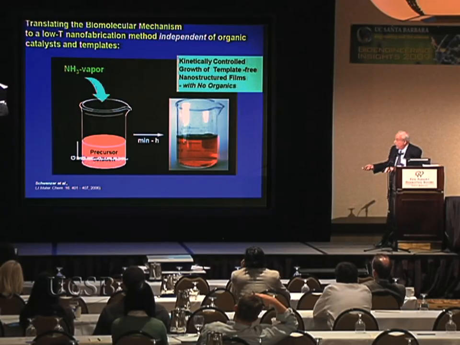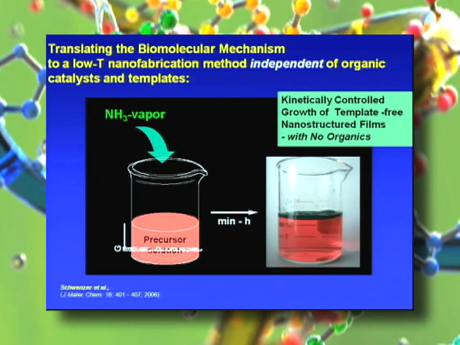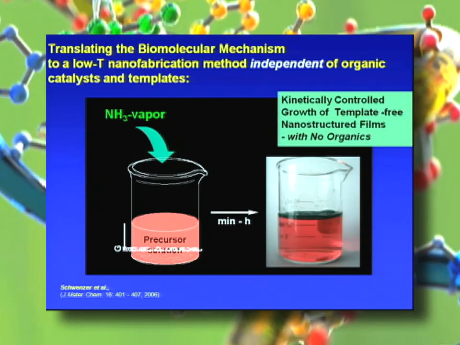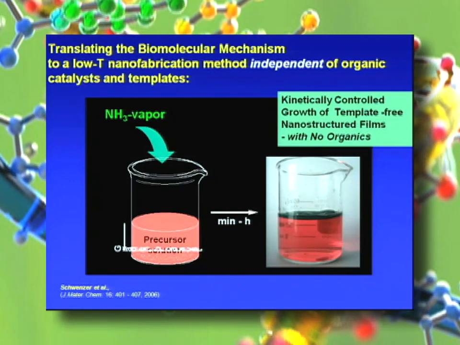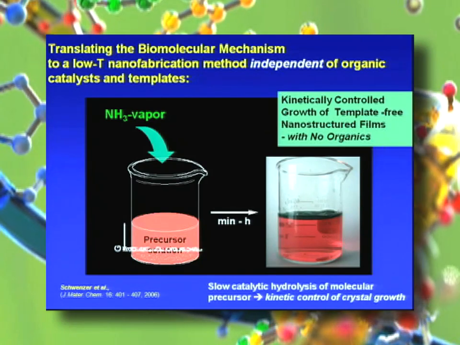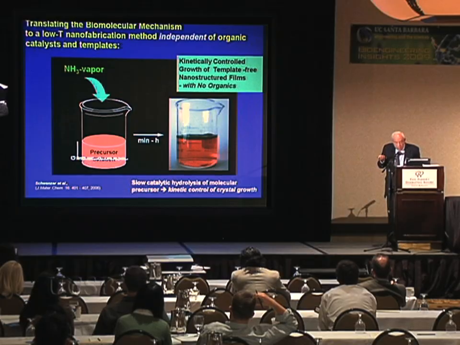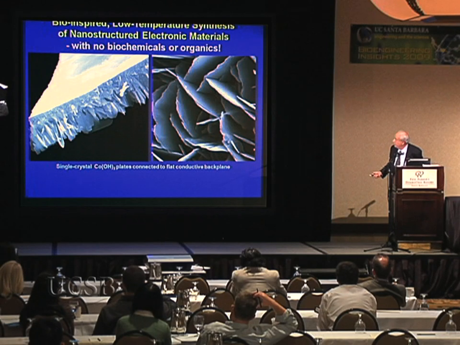The result in this and many other cases is the formation of a nanostructured thin film that forms first by island nucleation on the surface of the meniscus, then consolidates, and then through homoepitaxial nucleation provides the direction for further nanostructured growth, which I'll show you in a moment. Thus, we have slow catalytic hydrolysis of a molecular precursor providing the kinetic control of crystal growth with no organics.